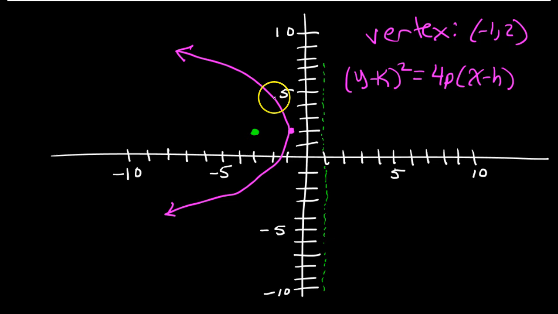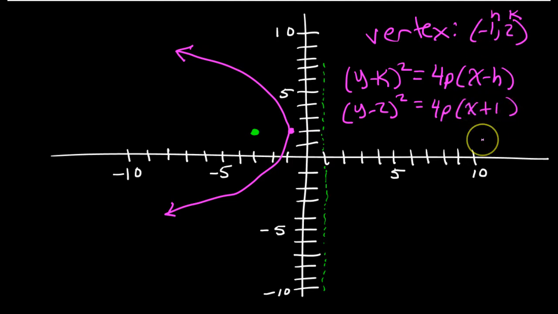If it was opening up or down, the x minus h would be here instead. Because I know the vertex, that's my h and my k, so this is really going to be y minus 2 squared is equal to 4p times, and then because of the -1, I'll have x plus 1. This is problem number 5, just in case someone's fast forwarding through this.